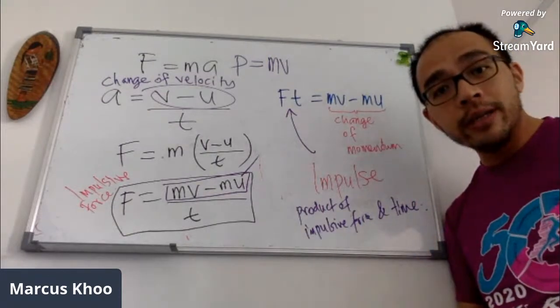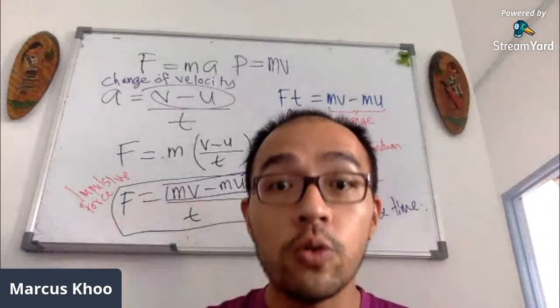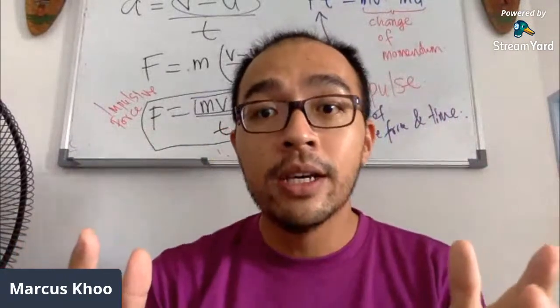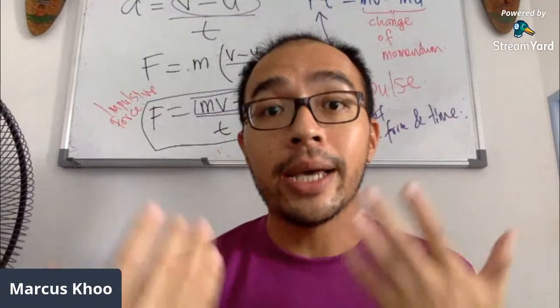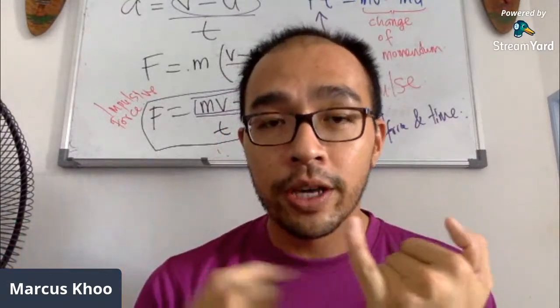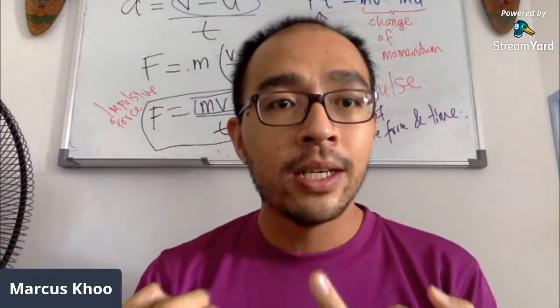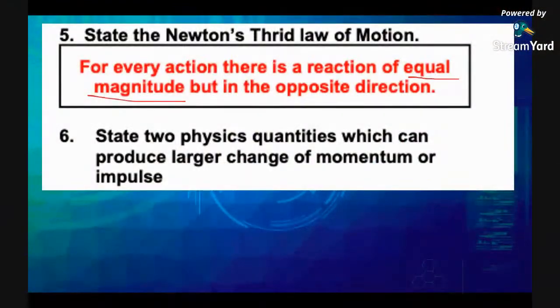But thankfully, Newton's third law tells us that whatever force that you give to something, that something will give you back the same amount of force. For every action, for every force that you kenakan, there is going to be an equal and opposite reaction.